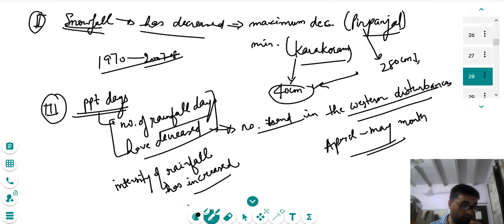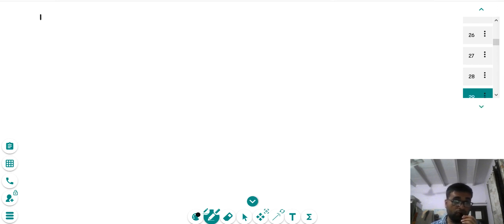So this is the rainfall. Moving on to the next aspect, the fourth impact of global warming, that is the glacial processes.